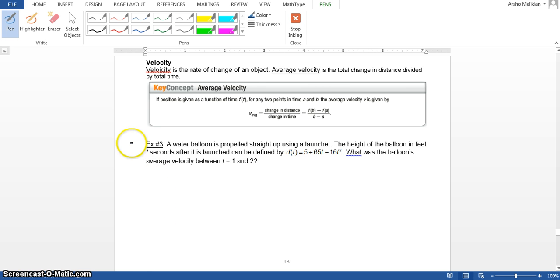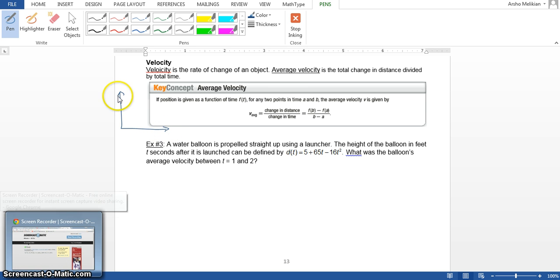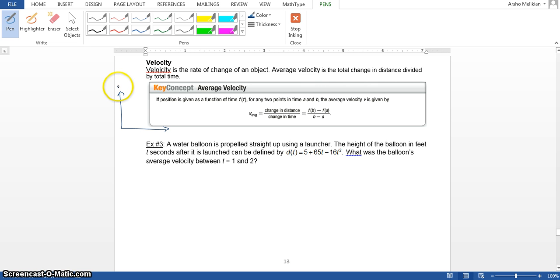So if we have a graph, and if that graph is not just some random function, if it's actually a graph of our position, let's call it distance. At t equals 0, I was here, or at t equals 1, I was here.